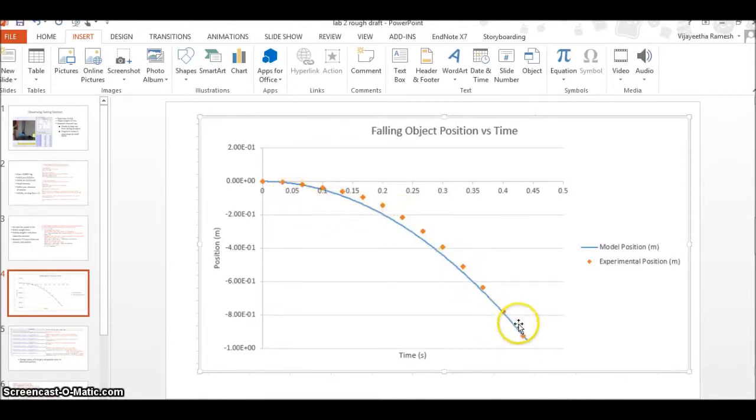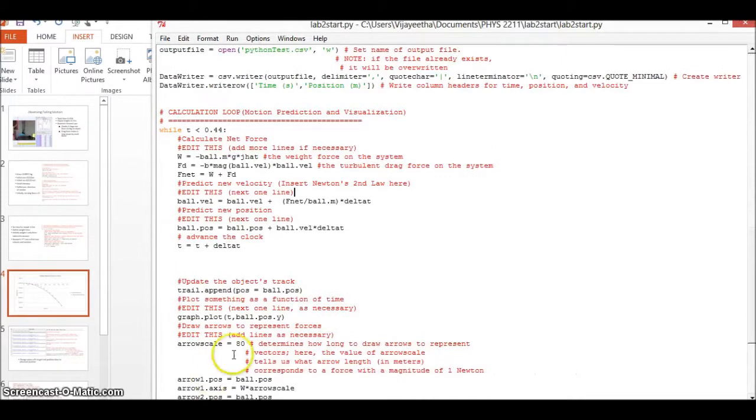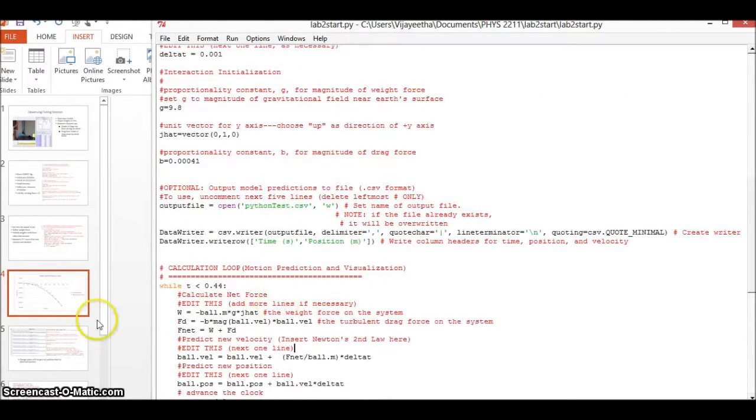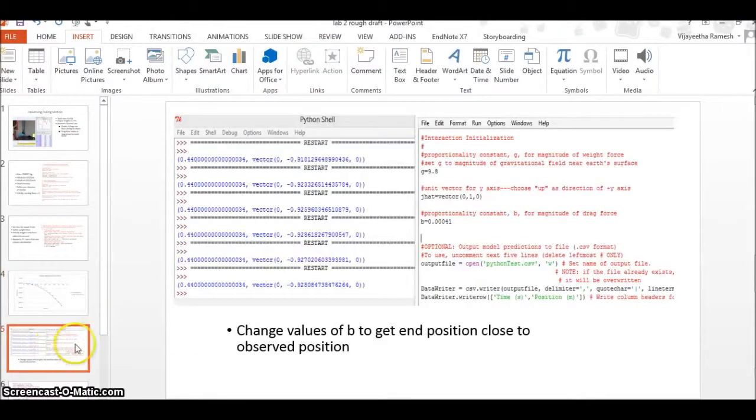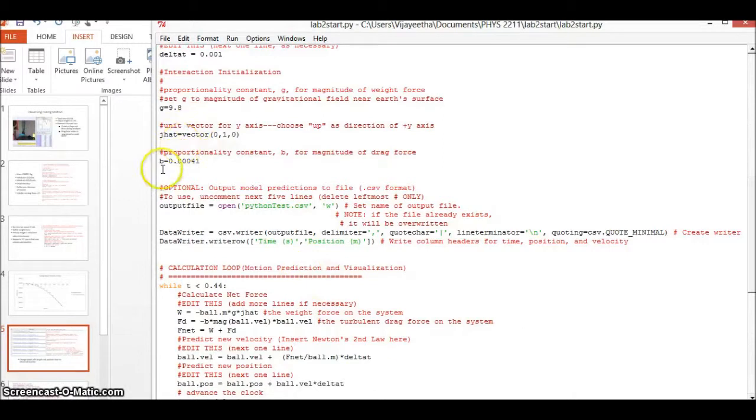In order to fix this, we know that the model does not account for drag forces. So I tried to fix that by using a few different values for B, and I tried to get close to the end position, so it's kind of forcing it to match up. And my B value that I got was 0.00041. It's a very small force of drag, and I used turbulent force to calculate that.